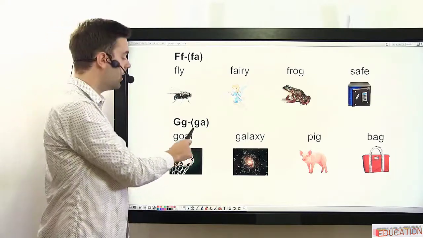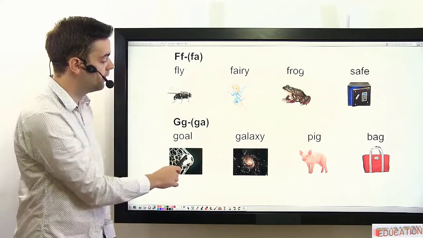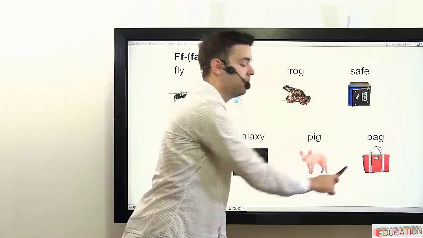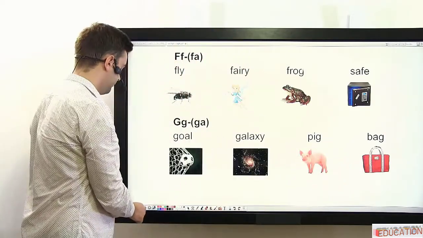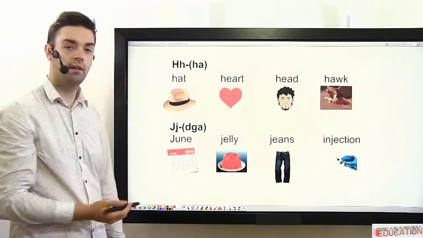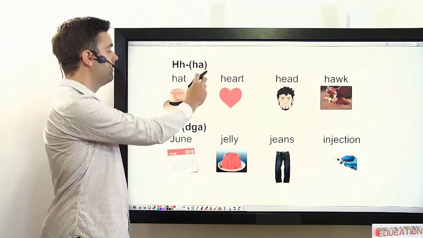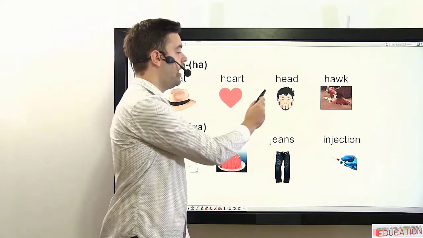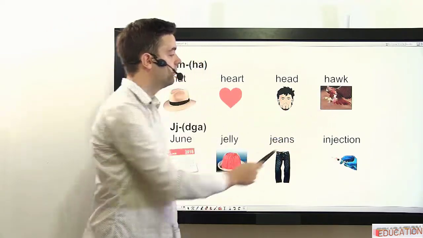G: goal, galaxy, pig, bag. H: hat, heart, head, hawk.